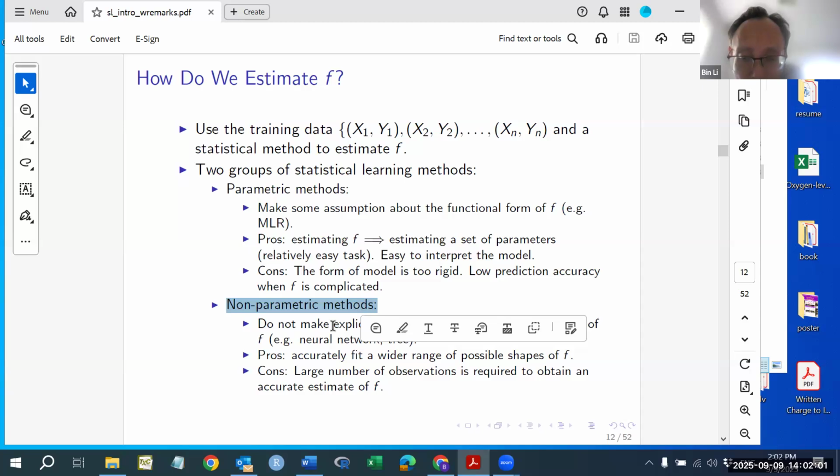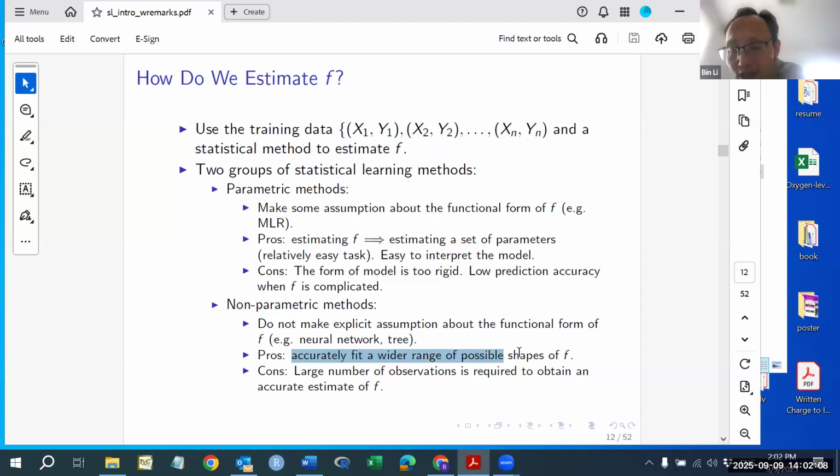The good side is it can accurately fit a wide range of possible shapes of F because we have no explicit assumption on F.